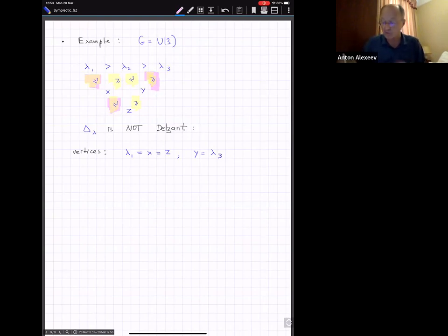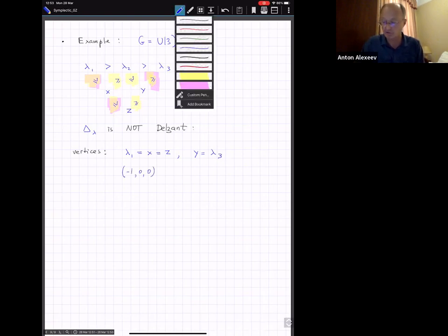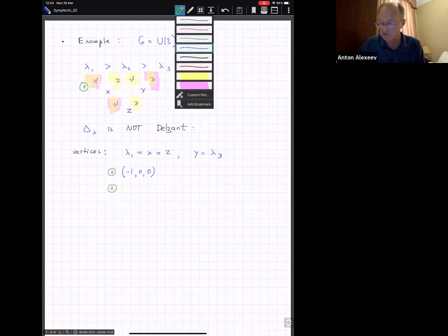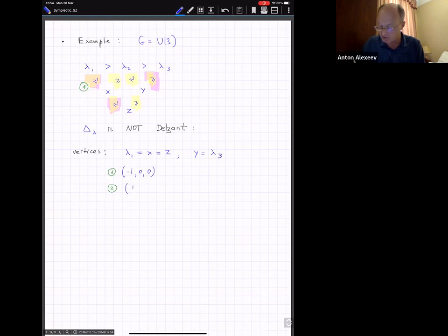What are the corresponding vectors? x smaller or equal than lambda 1, so one of the vectors is (-1, 0, 0). Then x greater or equal than z gives this vector.